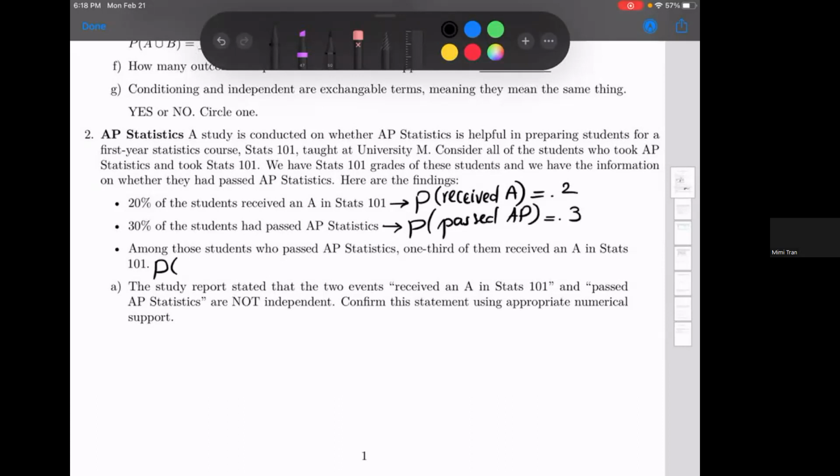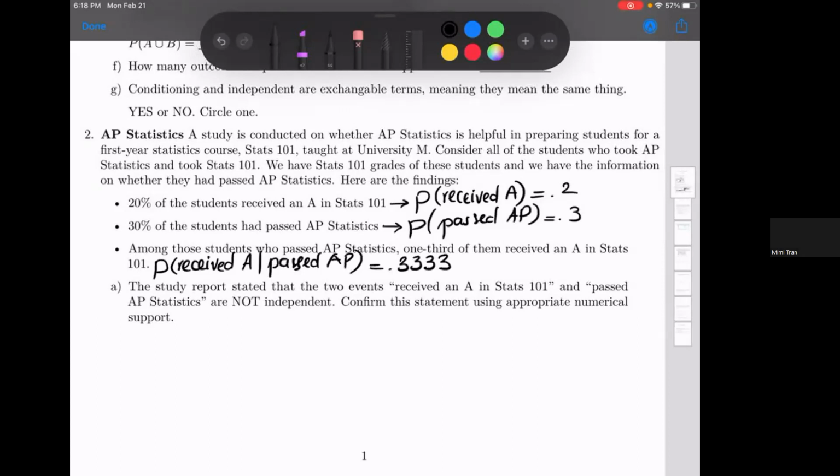Good, very good. P of received A. Everybody see that? If you don't, go ahead and ask. Okay, don't be shy. P of receiving A, given that a student has passed AP in high school, is, what do you think, Sean?